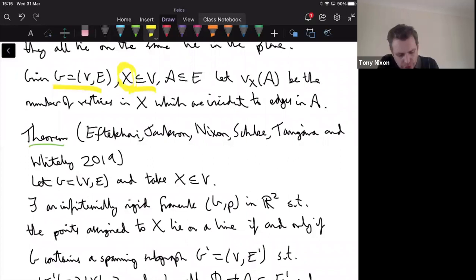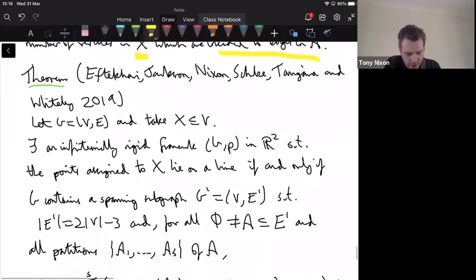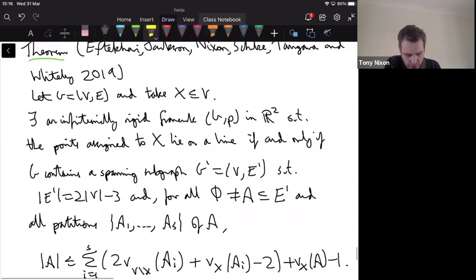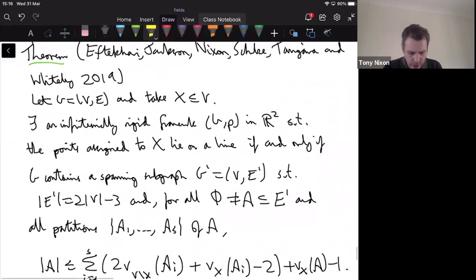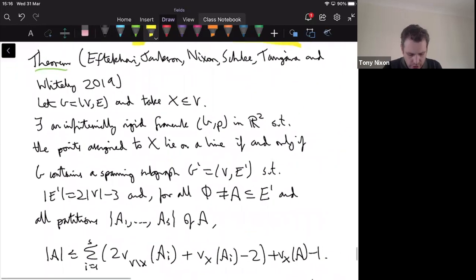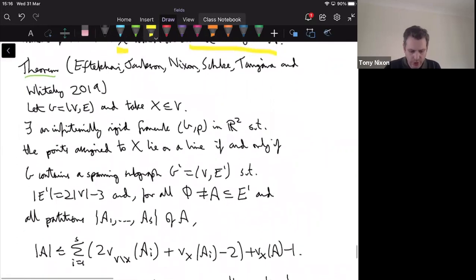So for a subset of the edge set of the graph, for a subset A, I'm going to use V sub X of A to denote the number of vertices in X which are incident to edges in A. Okay, so that's going to come up in our combinatorial condition. So the theorem is just too big to fit on the page, so let me just shrink slightly. Okay, it wants to shrink a lot.